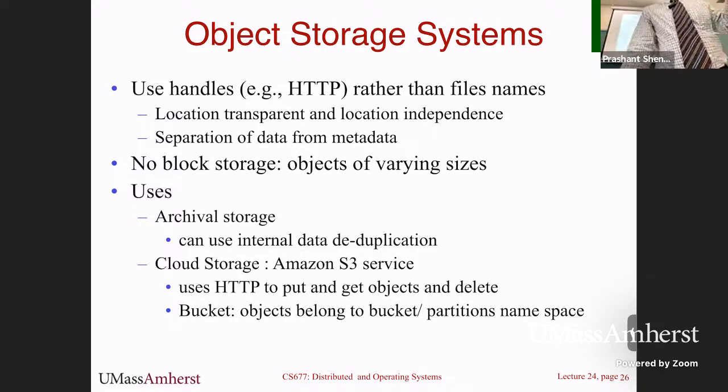You use that handle to get to the container, and then you access this data using a get, or you can add more data using a put. It is mostly used for things like archival storage. This is not designed for high throughput operation. You're not going to use this to run some high-end database or anything like that, because the whole storage system is designed not for high performance.